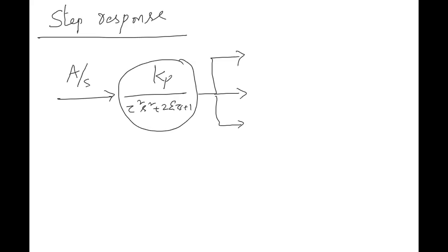we'll have three varieties. One is zeta less than 1, zeta is equal to 1, zeta is greater than 1.